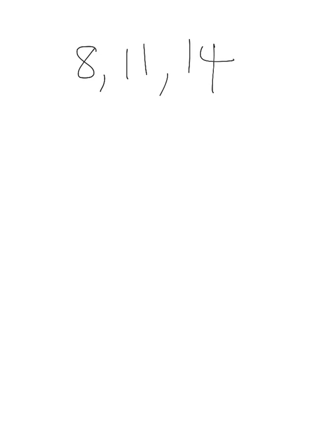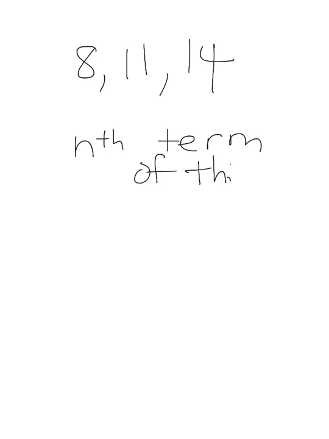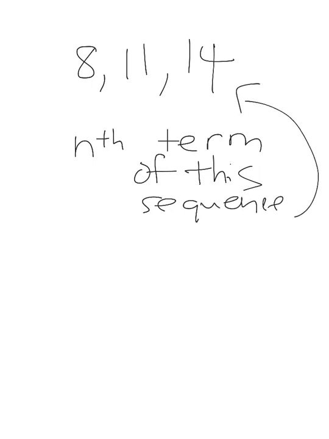The question that I would like you guys to do for homework is write an algebraic expression for the nth term of this sequence. Okay, and this is a sequence here, 8, 11, 14.